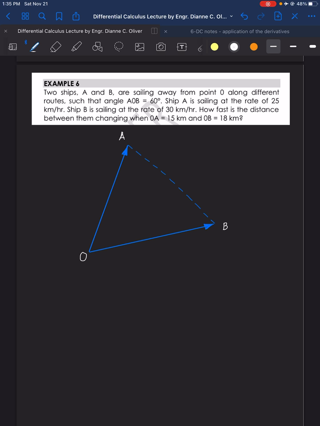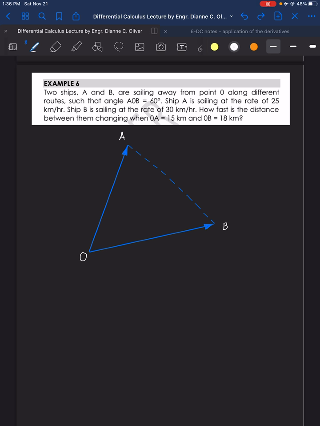So what is fixed here is the position of point O. It's fixed. So let's say that is the port to where the two ships came from. And then it's sailing away. They're separating from each other. Ship A and ship B.